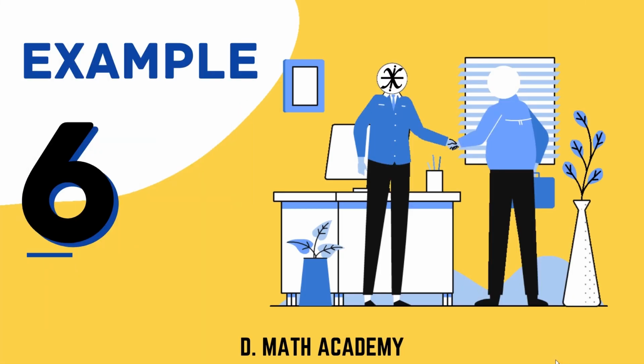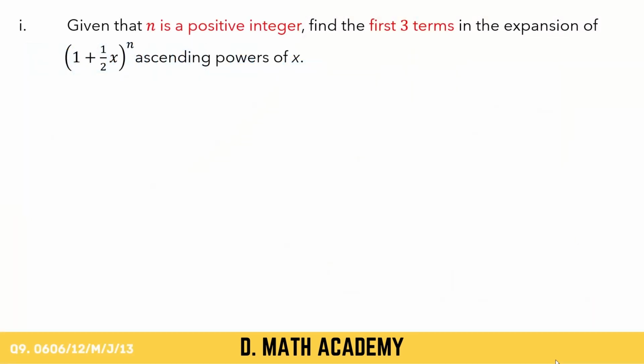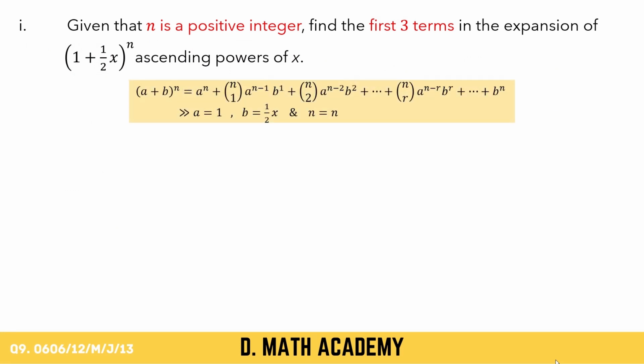Moving on to example 6, we have a similar question from before. Given that n is a positive integer, find the first 3 terms in the expansion of this. So the first 3 terms will be as below. Our a is 1, our b can be written as x over 2, or you can leave it as 1 over 2x, and our n is still n.